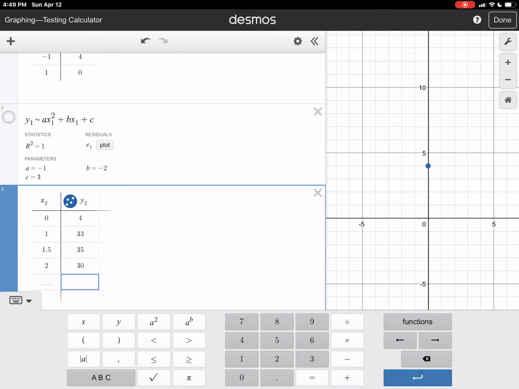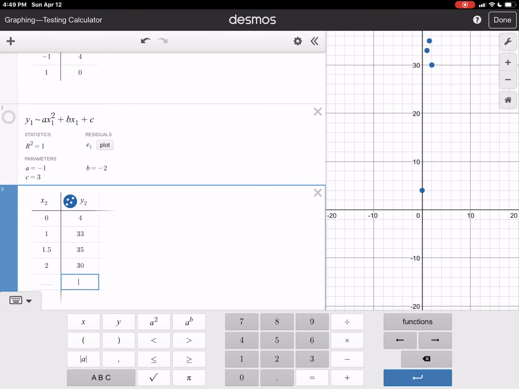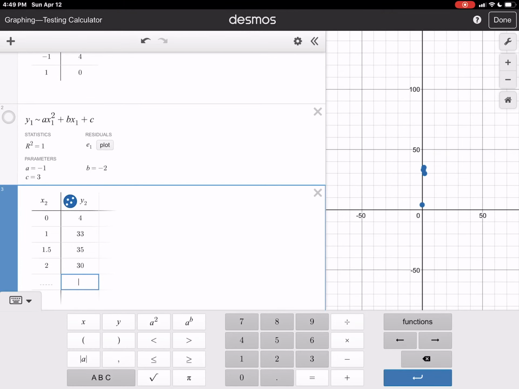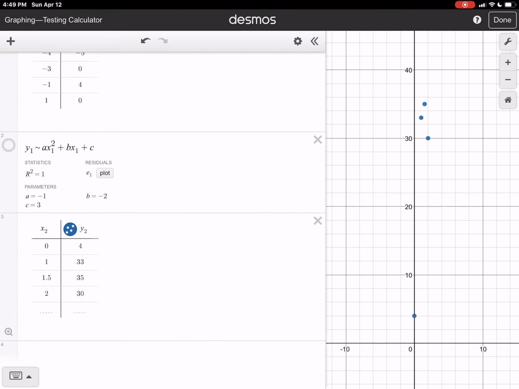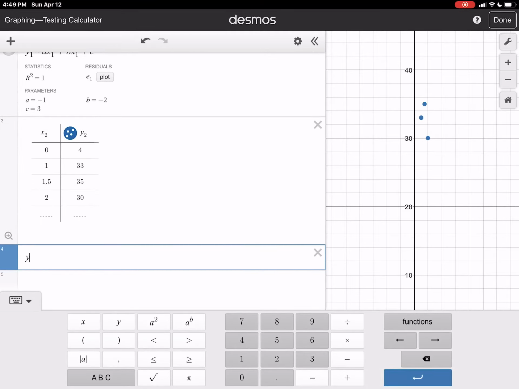Okay, so now I'm working with y2, x2. I'm going to zoom out a little bit. And it looks like I can't even hardly tell what kind of graph this is. But they told me that it was quadratic, so I'll just go with that.